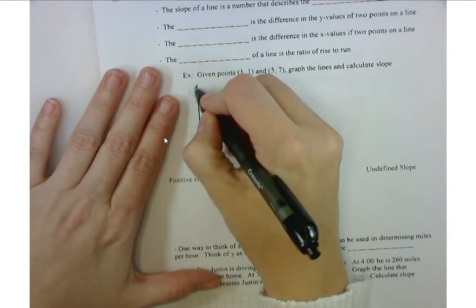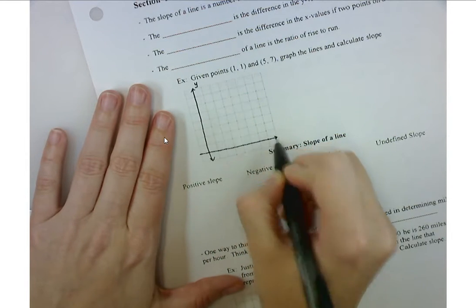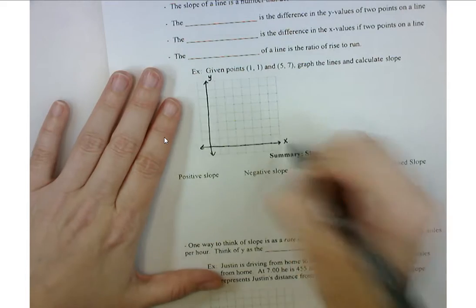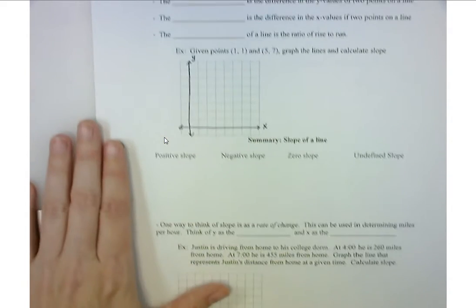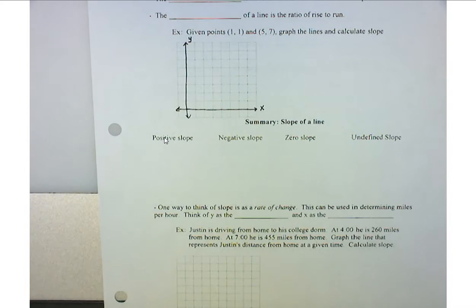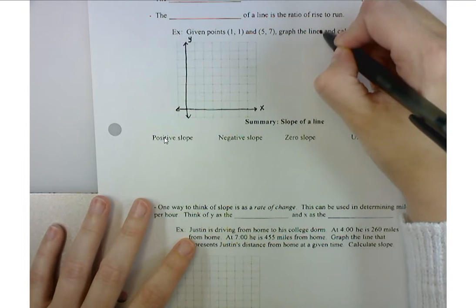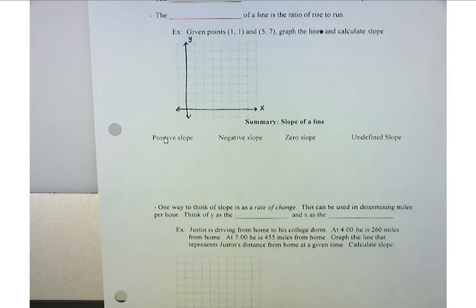And really, since they are both positive, you could even put them there. Okay, so you are graphing, it says the lines, but it really is just the line. Okay, and then let's go ahead and plot our points.